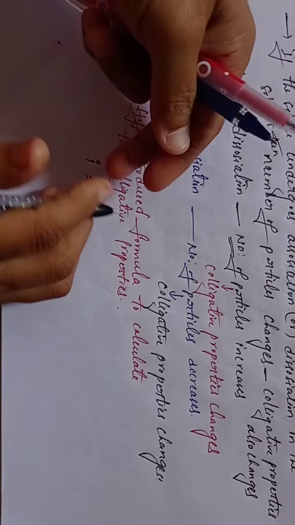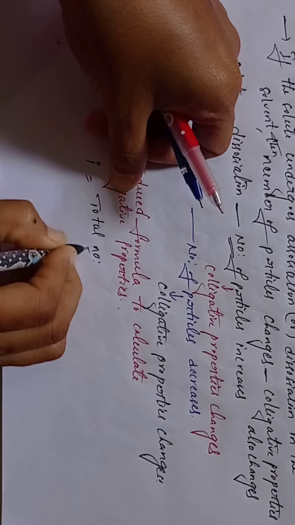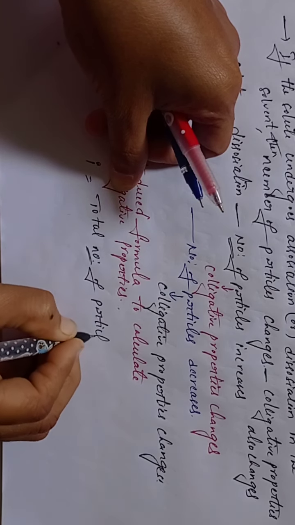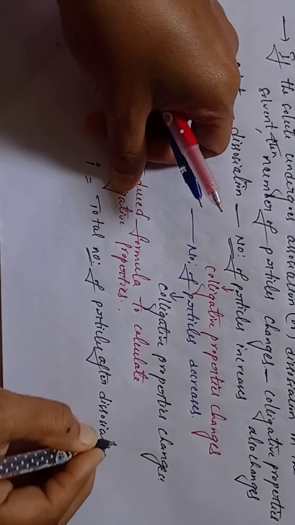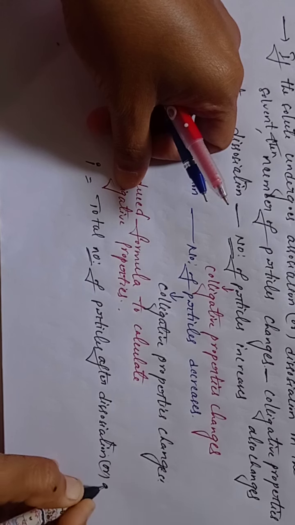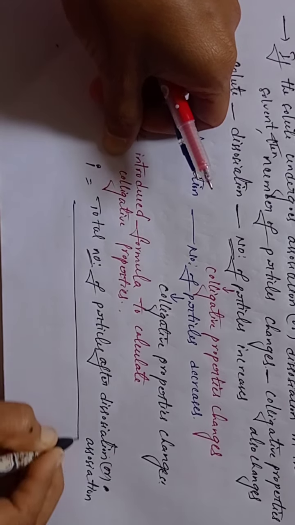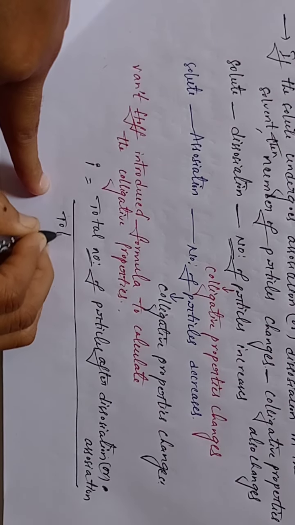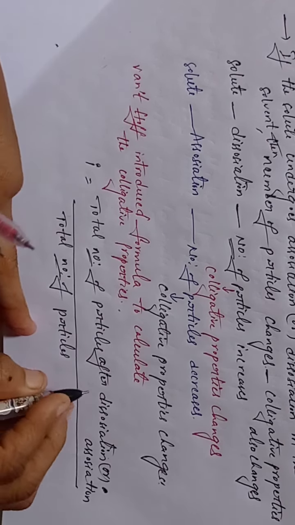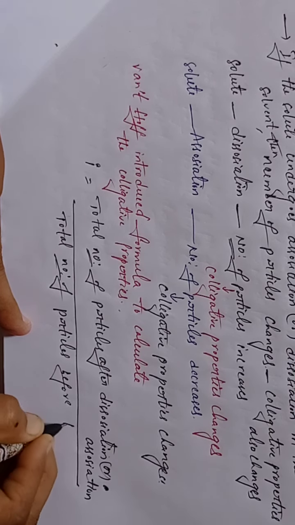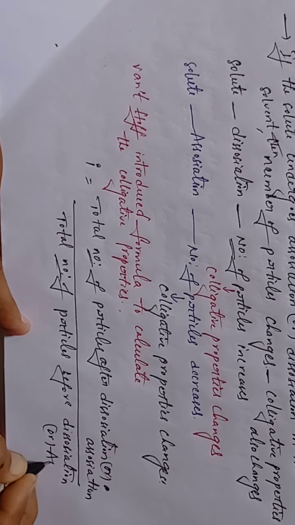The Van't Hoff factor i is equal to the total number of particles after dissociation or association, divided by the total number of particles before dissociation or association.